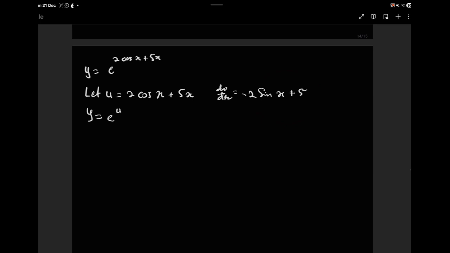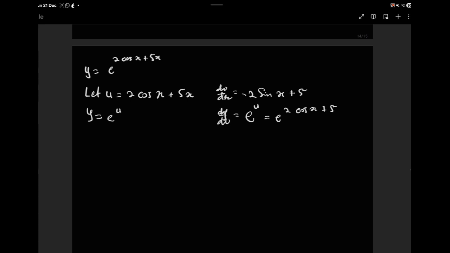So for this one we have dy over du, which is again exponent of u, remain unchanged. So if we expand it back, you will get the u, which is back at the same function, which is 2 cos x plus 5.